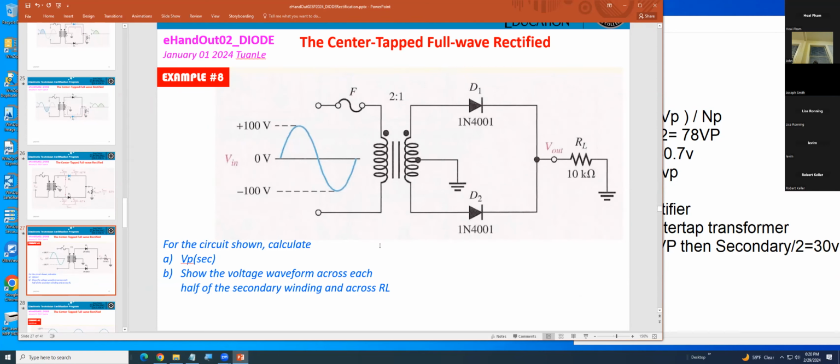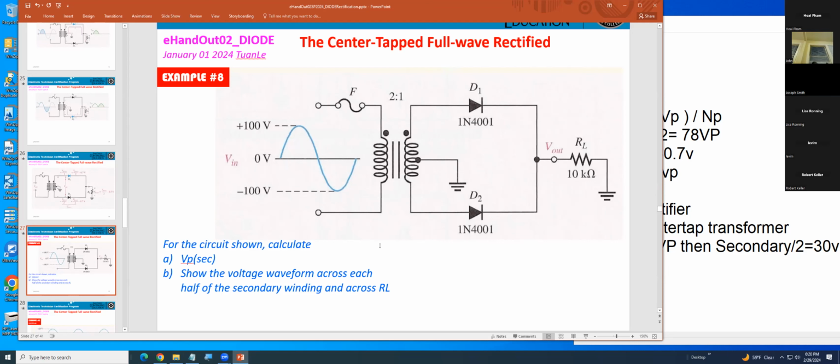Okay, V peak secondary would be 50 volts. Perfect, 50 volts, because there's a 2-to-1 ratio, so you just take the 100 and divide it by 2. Exactly. You know V secondary equals V primary times NS divided by NP. That's why you get 50.